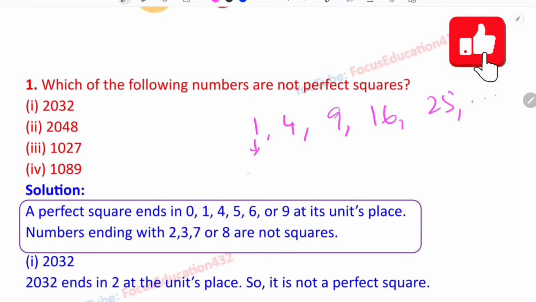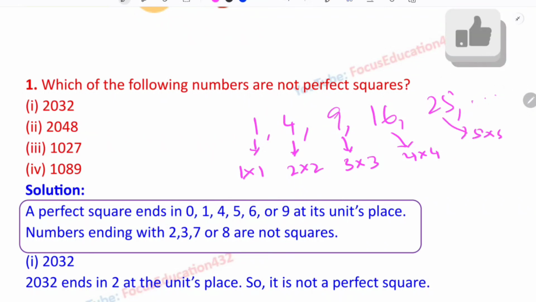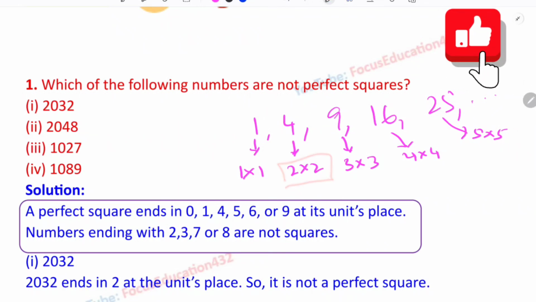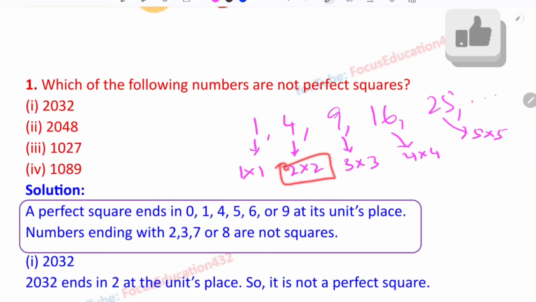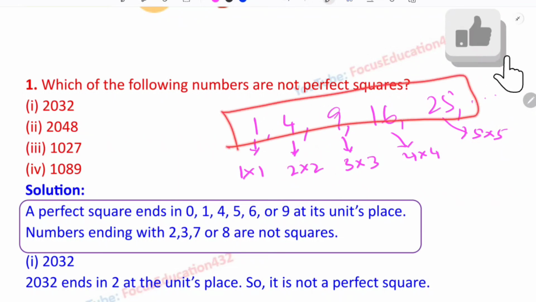Because 1 is 1 multiplied by 1, 4 is 2 multiplied by 2, 9 is 3 multiplied by 3, 16 is 4 multiplied by 4, and 25 is 5 multiplied by 5. If a number is multiplied by itself, the value you get is a perfect square.